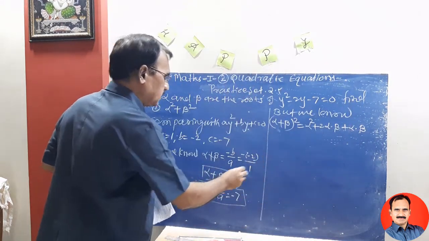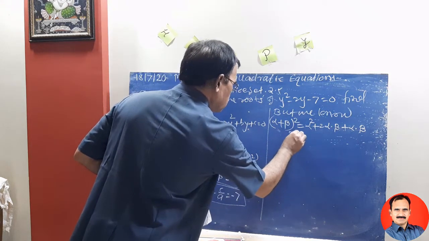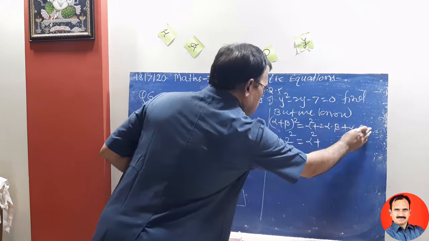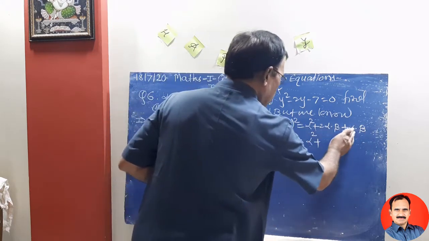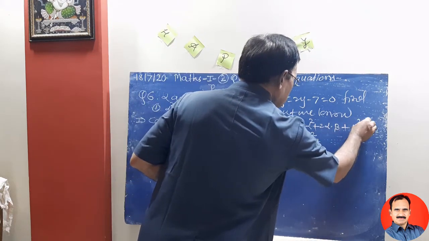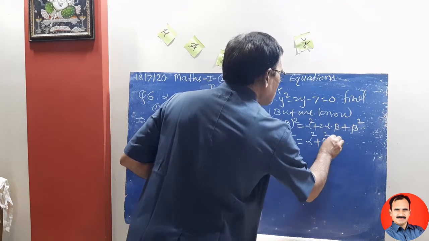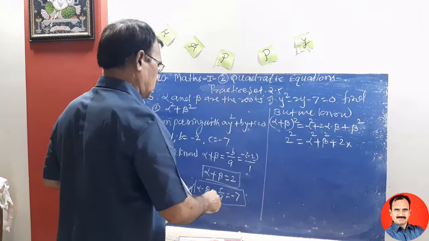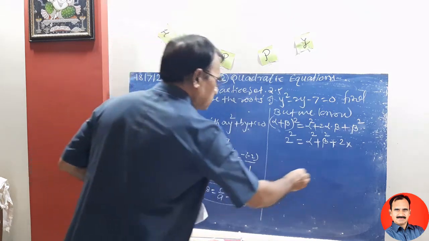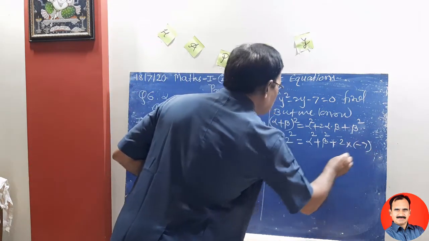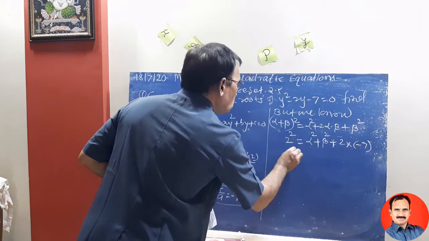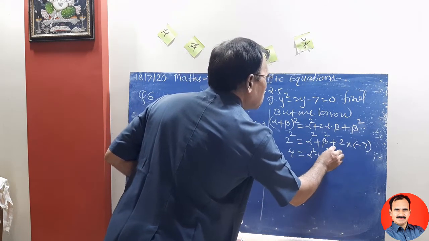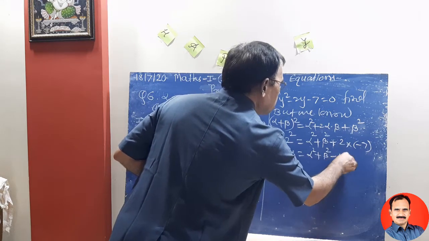Alpha plus beta is 2, square. Alpha square plus 2 alpha beta plus beta square, here 2 into alpha beta, and alpha into beta is minus 7. Square of 2 is 4 is equal to alpha square plus beta square, 2 into minus 7 is minus 14.